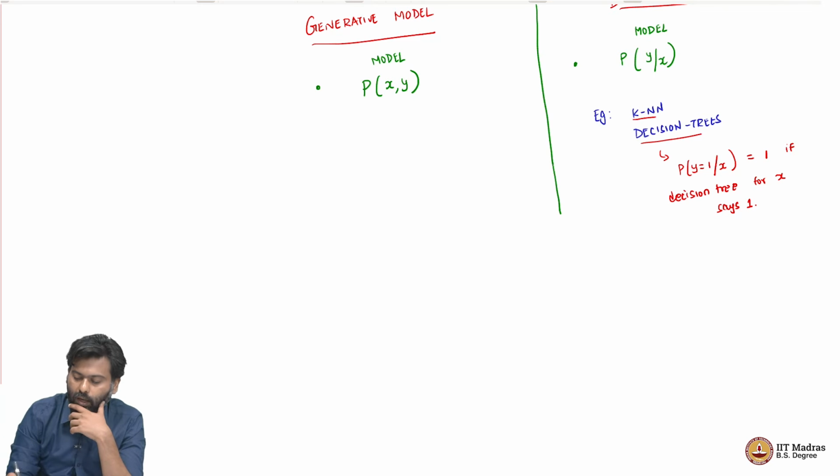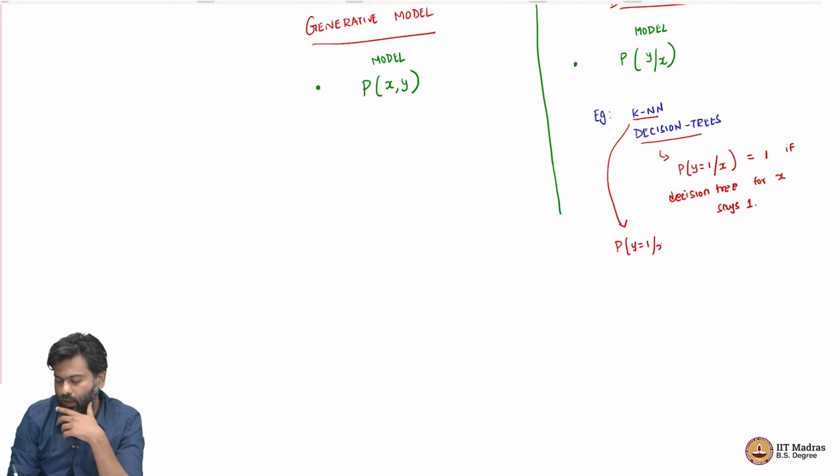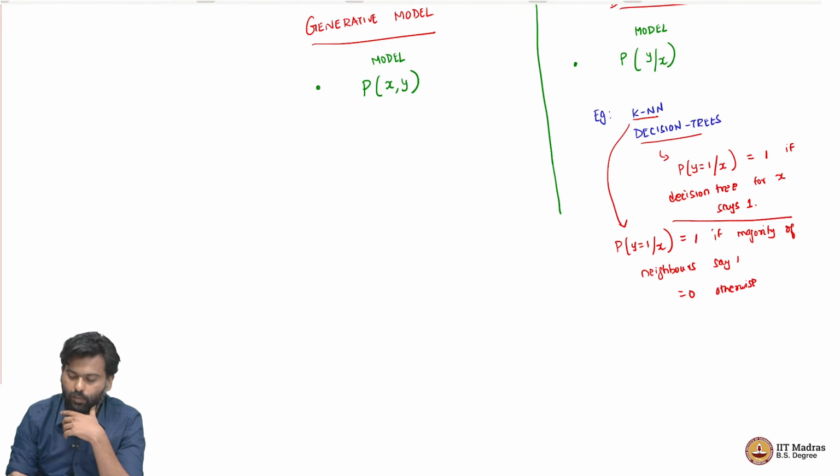Similarly, in k nearest neighbors, you would say that probability of y equals 1 given x is 1 if the majority of neighbors say 1, and the probability is 0 otherwise. Same thing here, probability is 0 if that condition does not hold.